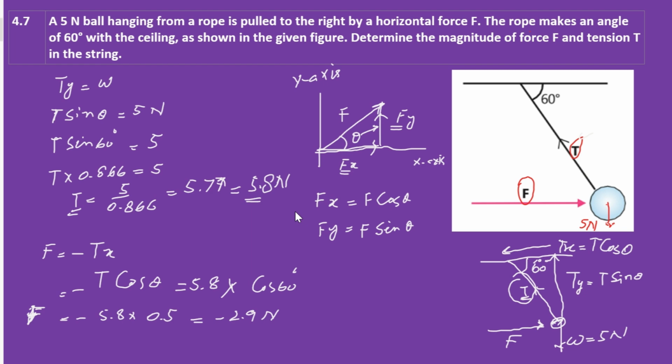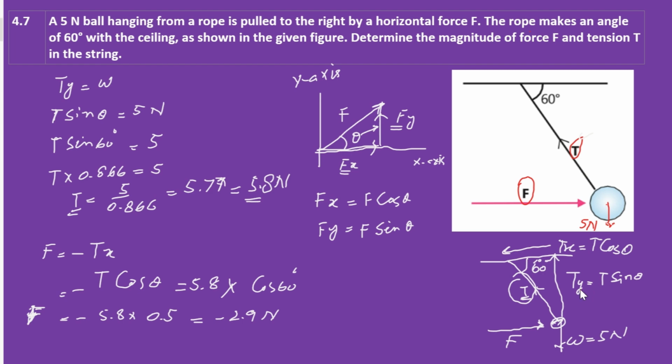Dear students, I again repeat it for the revision. When we resolve this force, which is tension, into two components, one component will be Ty, which is equal to T sin theta, and the other component will be Tx, which is equal to T cos theta.